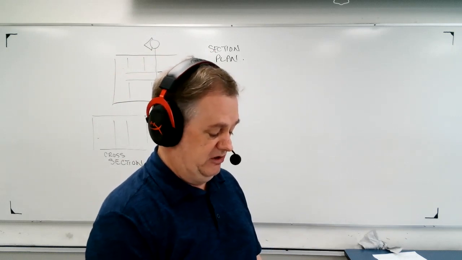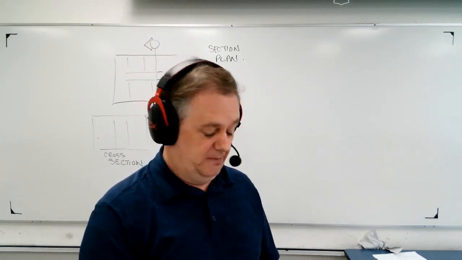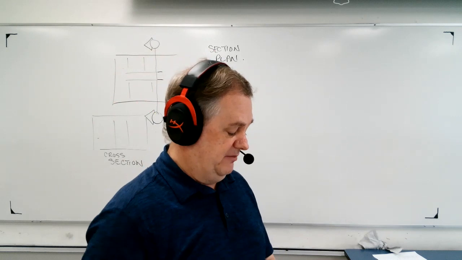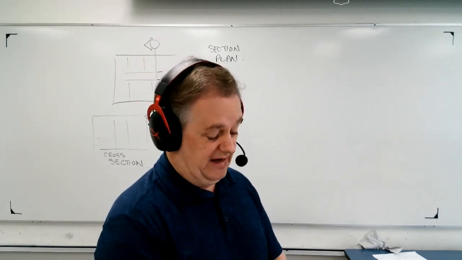So this is all bird's eye view, right? Washrooms on the top end. You'll see at the bottom that circle, and it says AA. That means it's cross section AA. And so what you're going to do is go, okay, somewhere on this set of plans, I'm going to find something that gives me a whole bunch of detail on what that actually looks like.